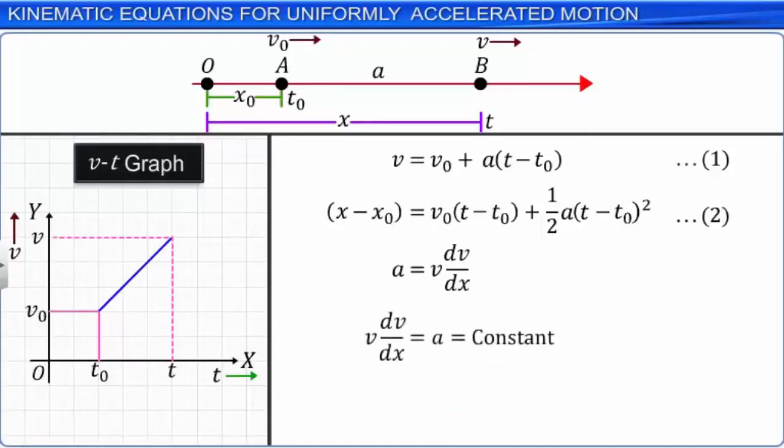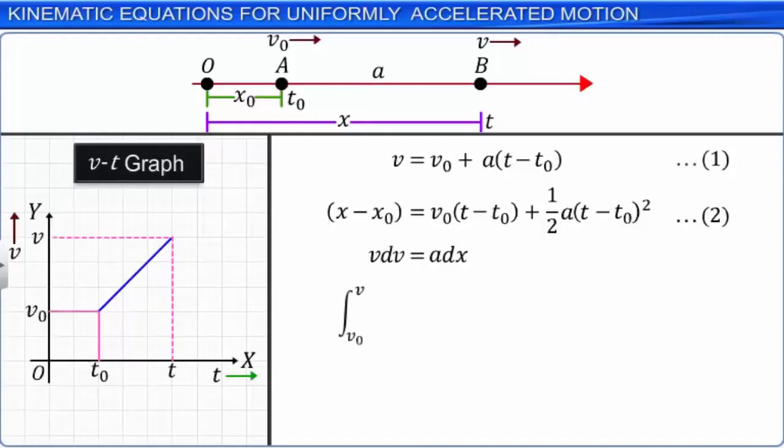Integrating both sides, we get integral v0 to v v into dv is equal to a into integral x0 to x dx. This is equal to half v square minus v0 square equals a into x minus x0. Rearranging the equation, v square is equal to v0 square plus 2a into x minus x0. This is equation 3 of motion.